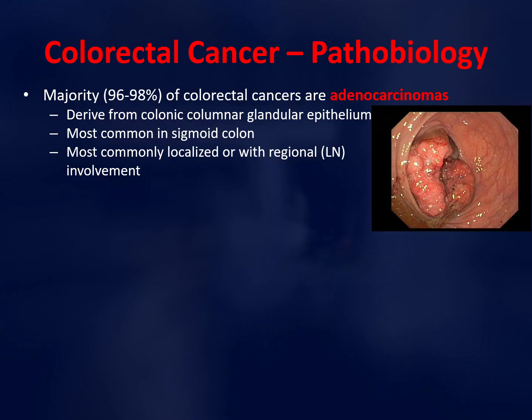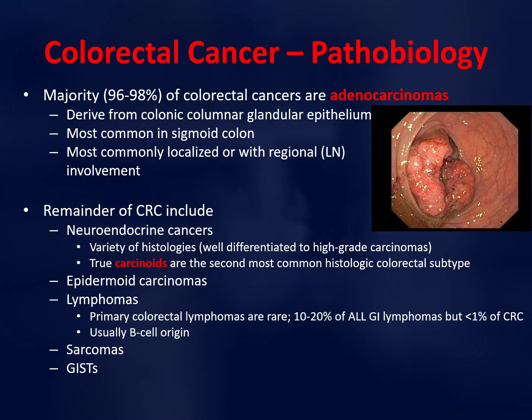The majority of colorectal cancers, around 96–98%, are adenocarcinomas that derive from colonic glandular epithelium. They are mostly located in the sigmoid colon, and on presentation, colonic adenocarcinomas are mostly localized to the colon or with regional involvement, which means positive lymph nodes.